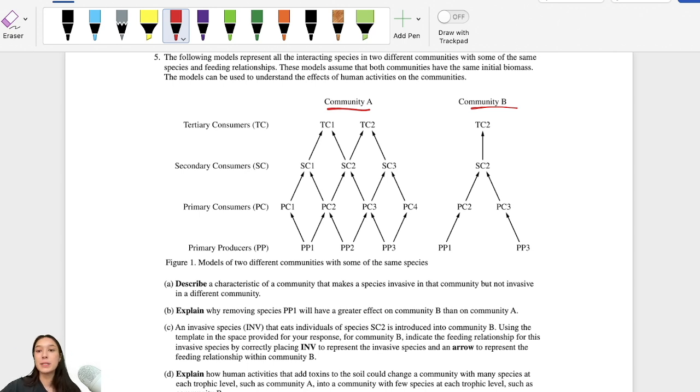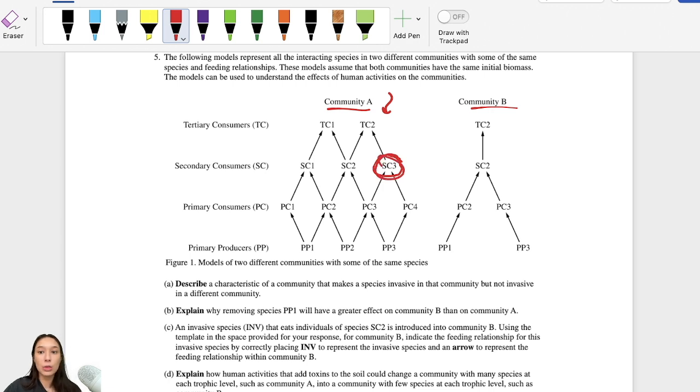Let's say the invasive species goes to community A, and this guy is a predator of the invasive species. That's obviously going to decrease the population of the invasive species because there's a natural predator. If there is no natural predator in community B, the invasive species is just going to proliferate, right? There's nothing there to eat it within that ecosystem.